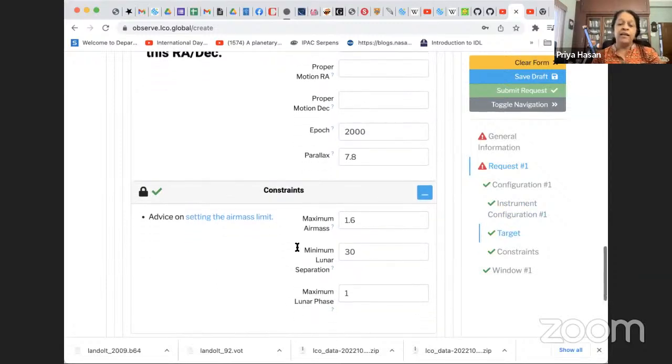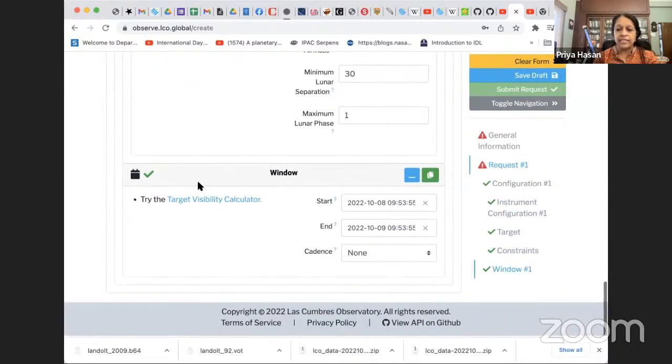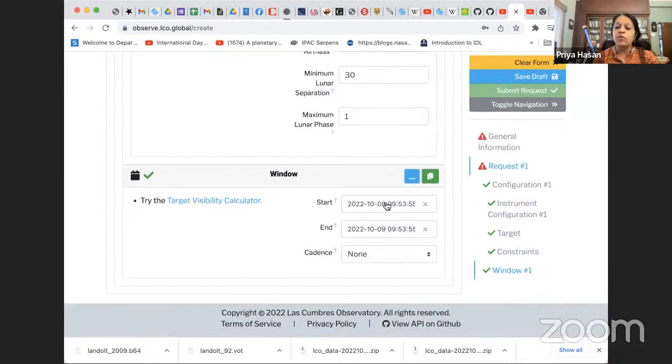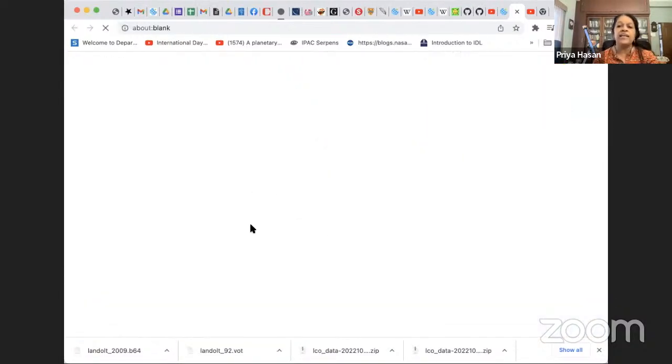And I say, you have to state what is the period in which you want to see it, right? So if I say I want to observe it today between 9:53, this is in UT, till tomorrow. I'm giving it a window. So I can actually try the target visibility calculator. And this is basically going to tell me whether my target is visible or not, right?